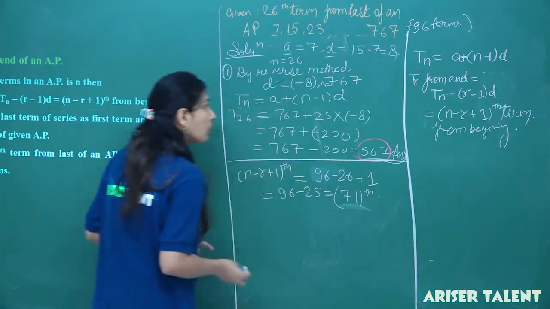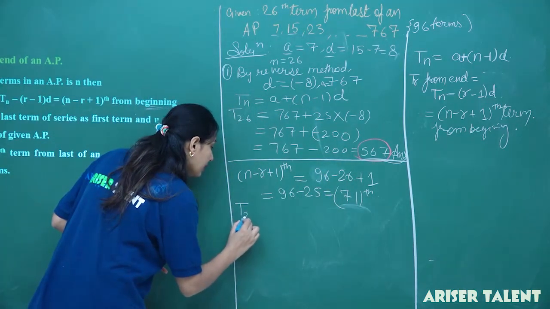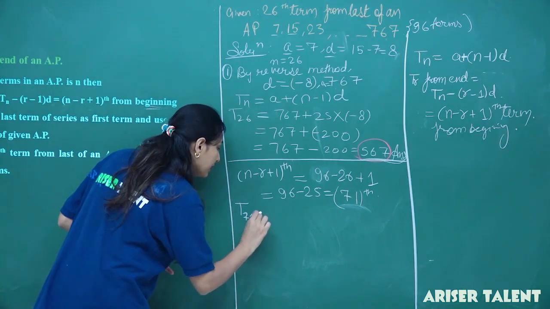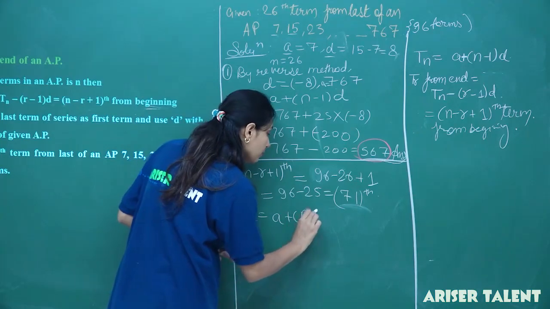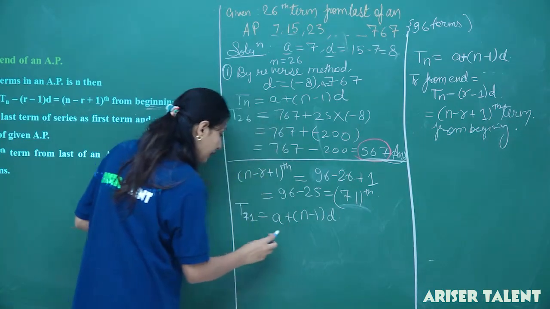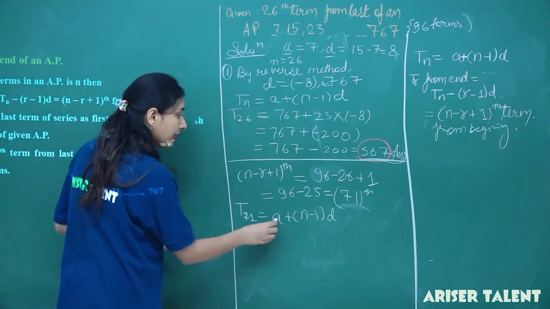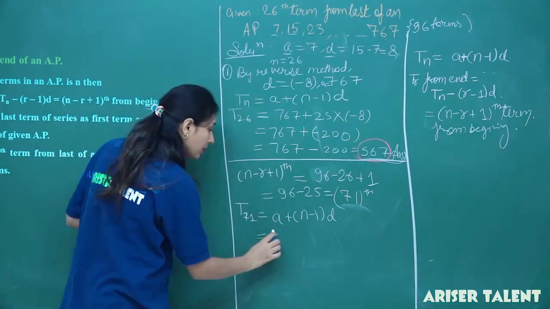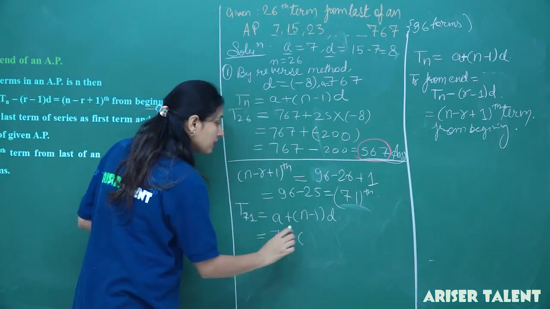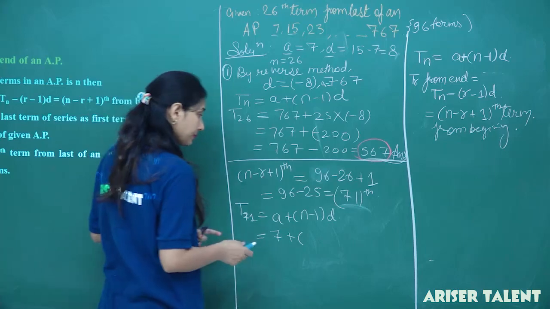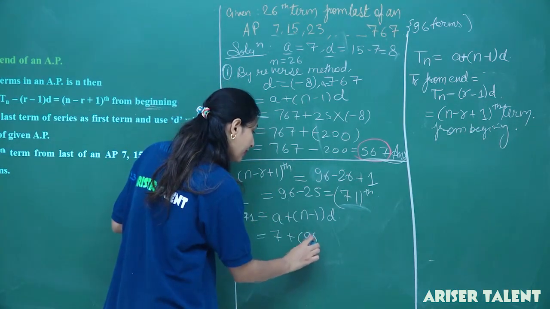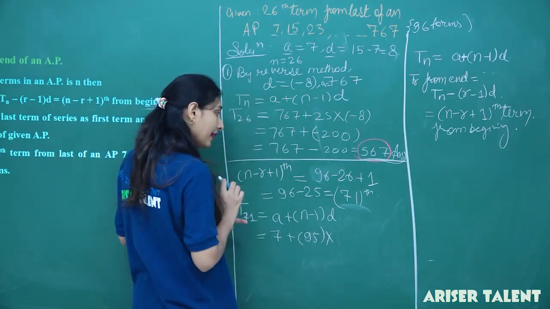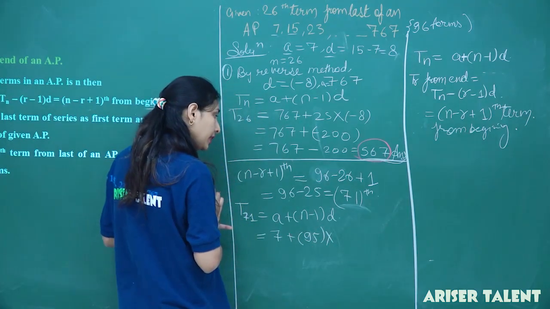The 71st term, T71, will equal what? A plus (n minus 1)d, right? So A equals 7 plus (n minus 1). Now n is 71, so that will be 70 multiplied by d.